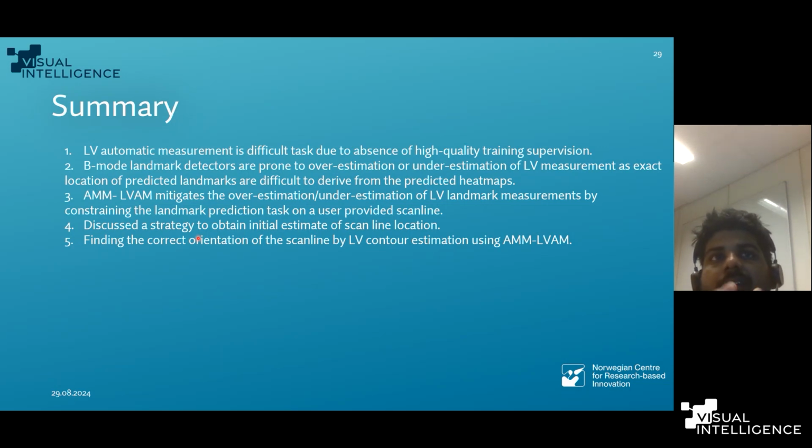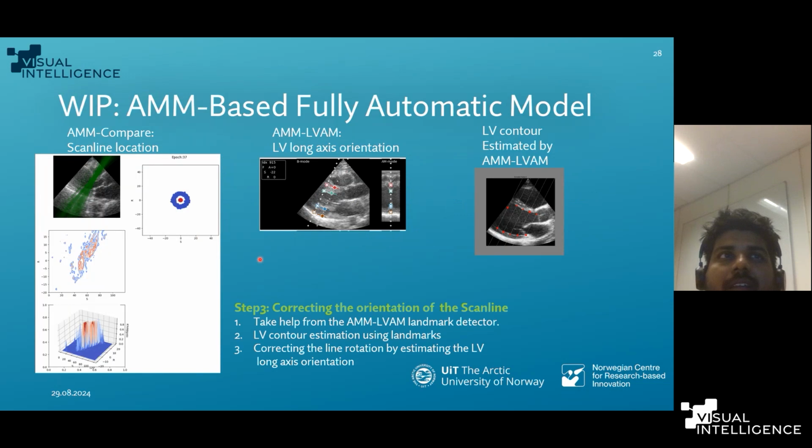I try to find where the scan line should be by training a neural network with the same supervision, the 4 landmarks we discussed, and then combine the predictions of the two models to correct the predictions of both by estimating the left ventricle geometry, like the contour, and fix the location and rotation problem.